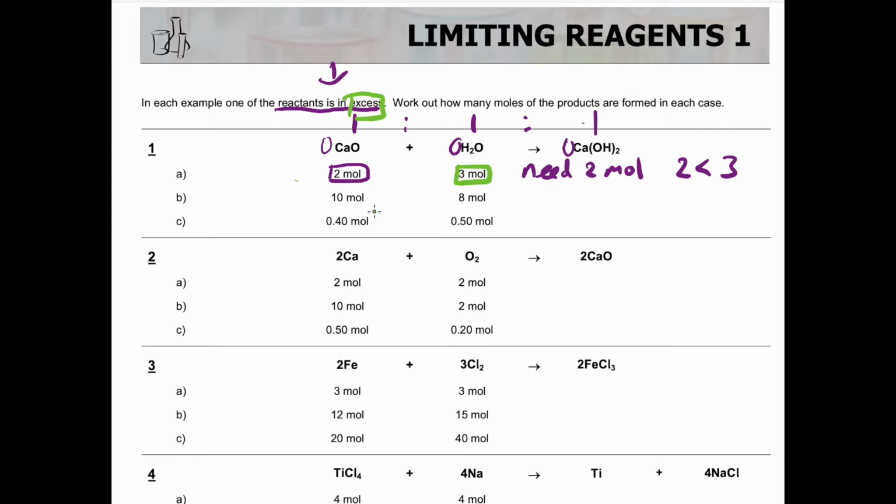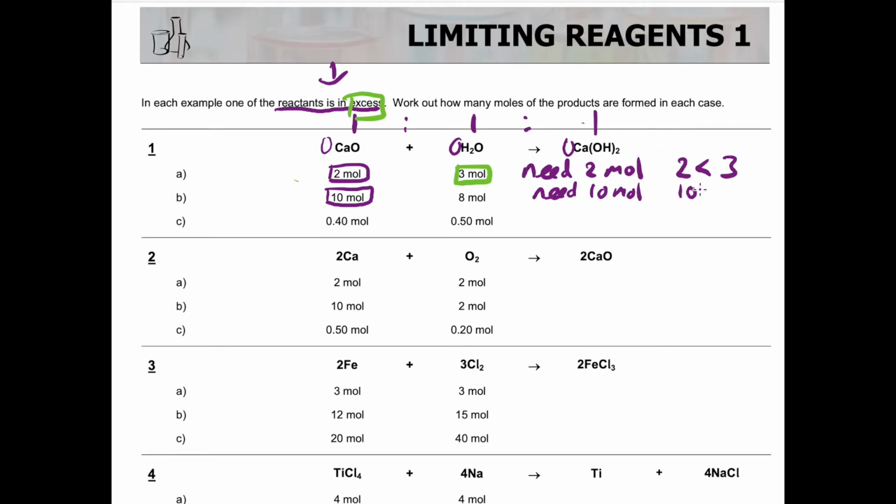So in part B, we now have different quantities of these substances. So here we've got 10 moles of our calcium oxide and 8 moles of our water. So again, just picking the first one in the equation, how much water would I need? It's a 1-to-1 ratio, so I would be needing 10 moles.